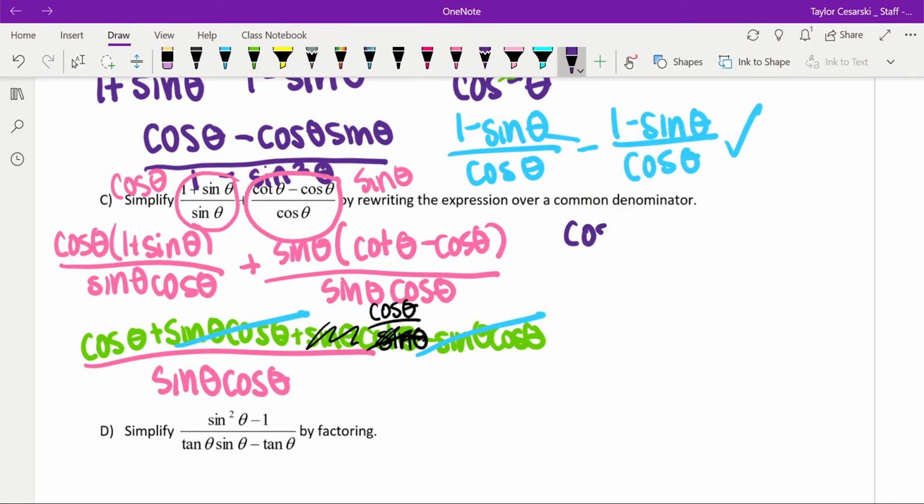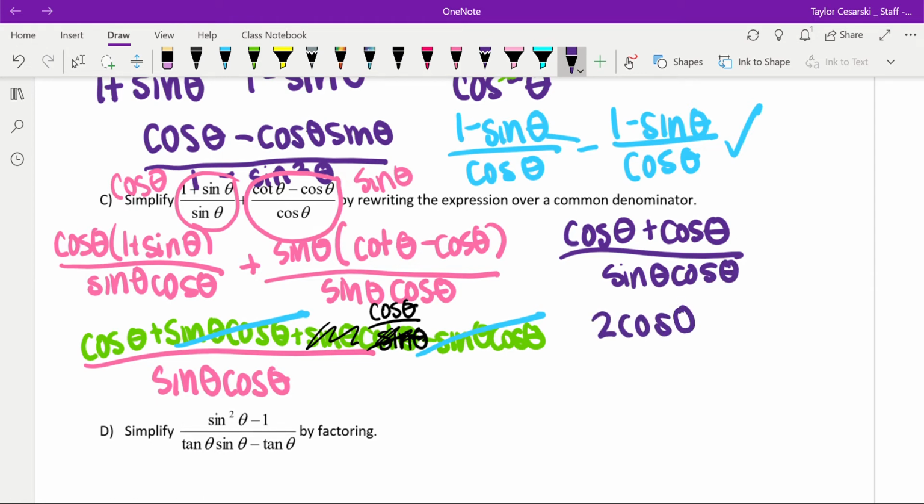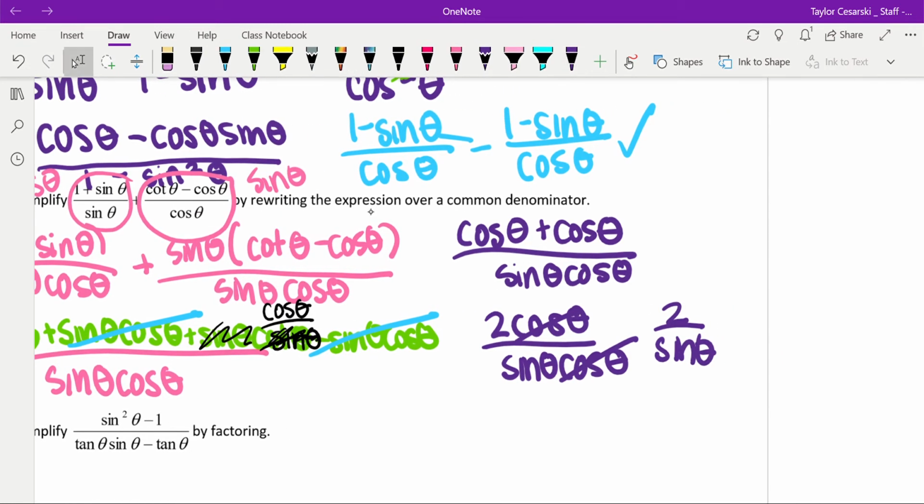I have cosine of theta plus cosine of theta over sine of theta cosine of theta. So that gives me 2 cosine theta over sine of theta cosine of theta. I can cross out the cosine theta on the top and the bottom, and I get 2 over sine of theta, which is just going to be 2 cosecant of theta.